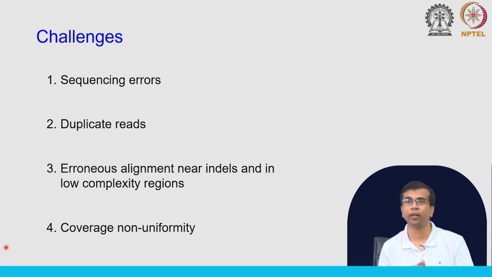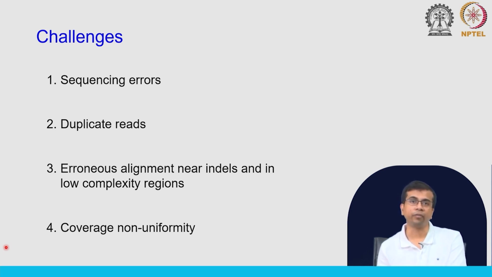You probably remember these amplification steps that are required for preparation of sequencing. For example, in Illumina we have bridge amplification, in 454 we had emulsion PCR. Many of these methods require this amplification, and that in turn can lead to biased representation of certain regions of the genome in the library, and that can lead to this coverage non-uniformity.